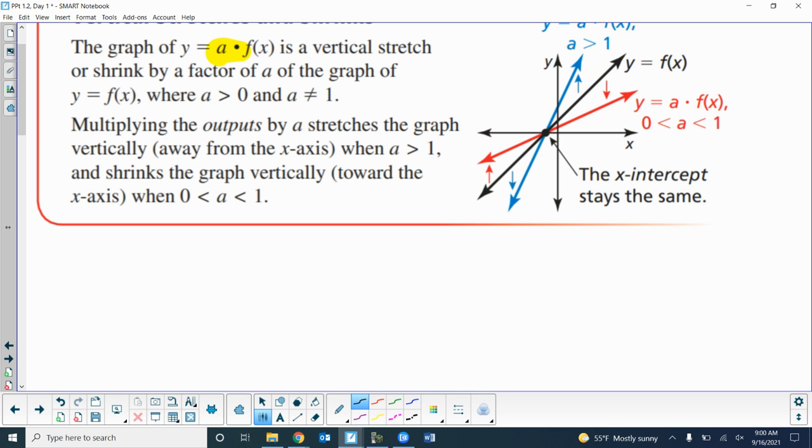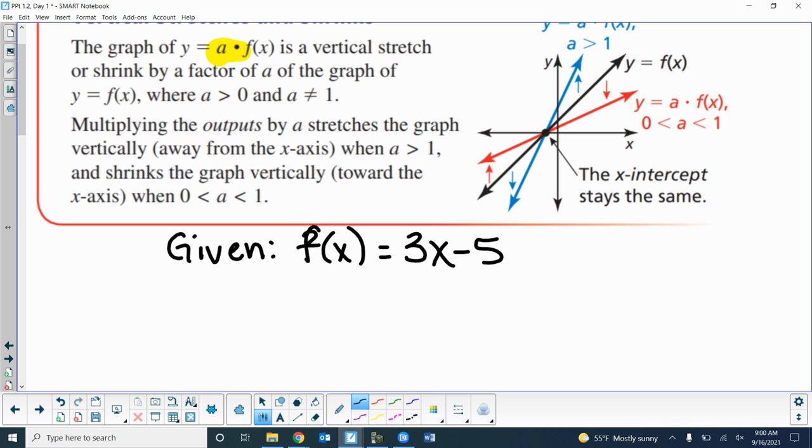So again, we're going to do vertical stretch, and we're still using our given of 3x minus 5. We'll just keep using it, f of x. So if we want to do a vertical stretch by 3, I forgot my by, sorry.